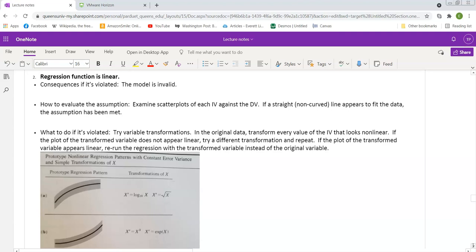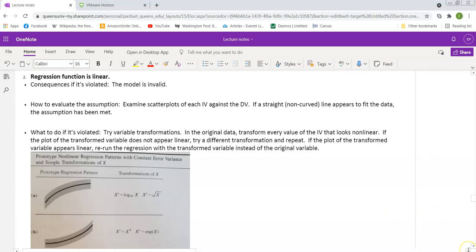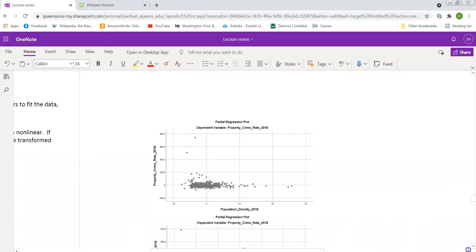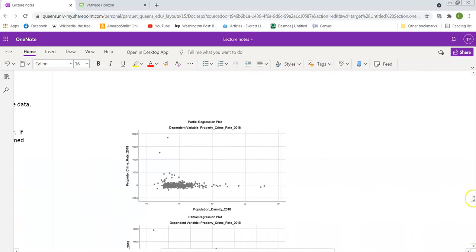So the way we evaluate this assumption is we look at separate scatter plots of each independent variable against the dependent variable. If we look over here at all of these, we're looking to see if there's anything that looks nonlinear.